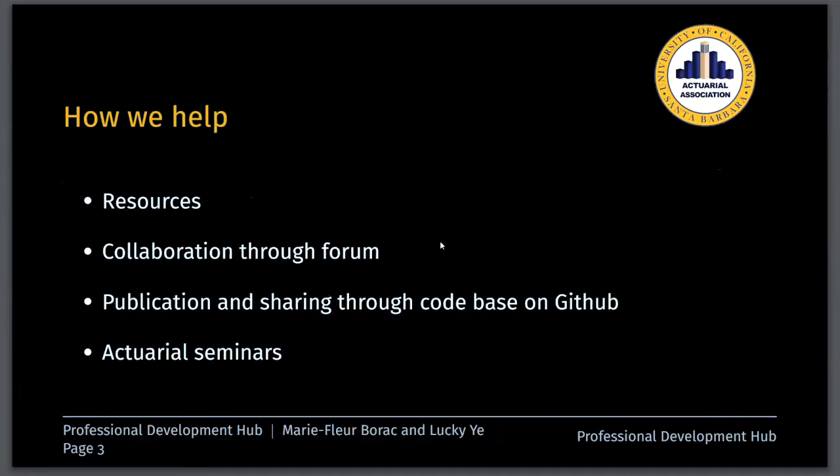So how we help is in a variety of manners. We provide resources to help you in your various endeavors. For instance, we provide information on what UCSB courses match up to which actuarial exams.